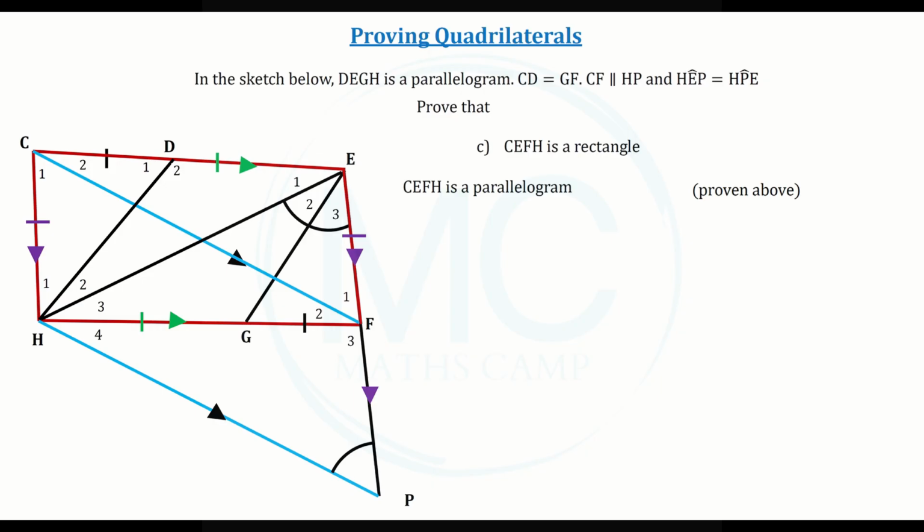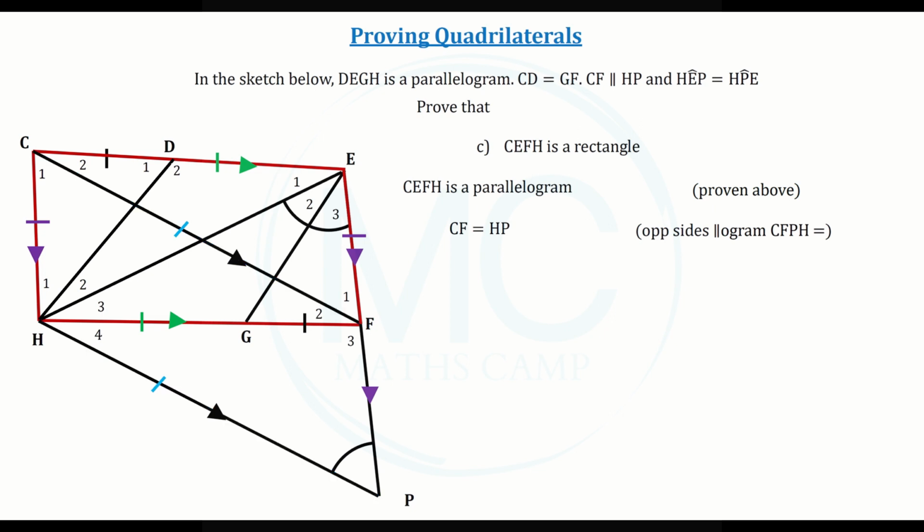Now we can say that CF is equal to HP because the opposite sides of parallelogram CFPH are equal. Let's put a small blue line on CF and a small blue line on HP to show that they are equal in length. And now we can make our lines black again.